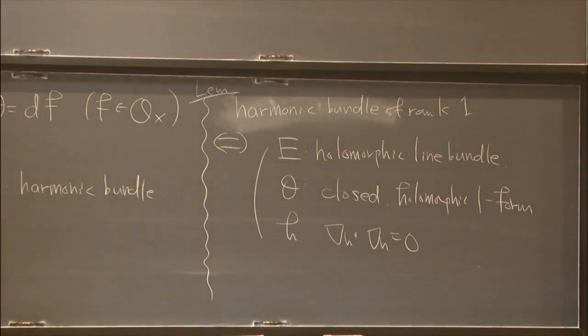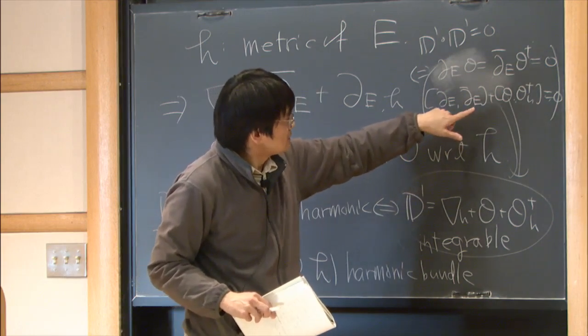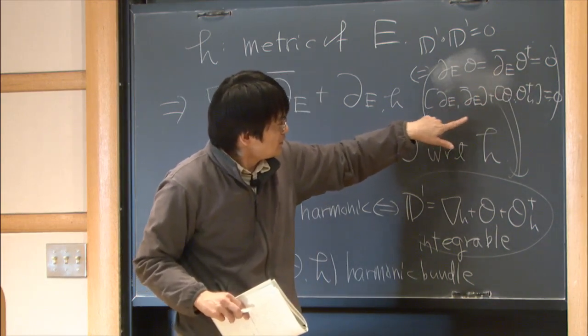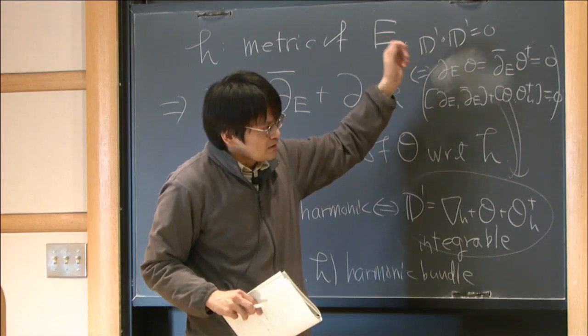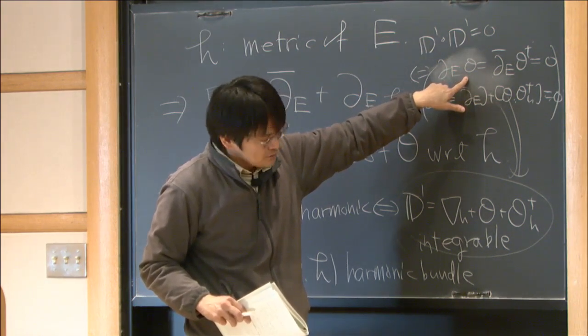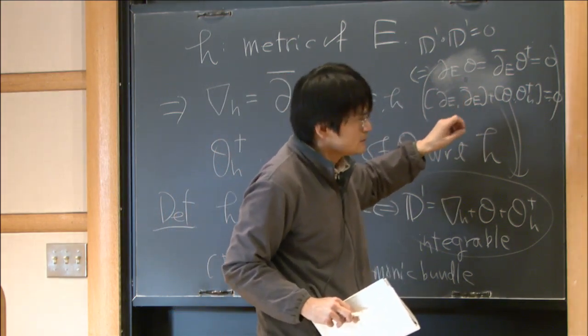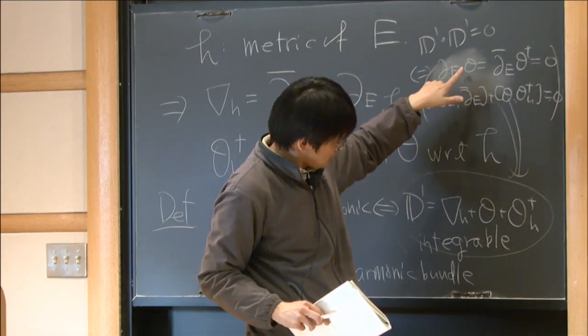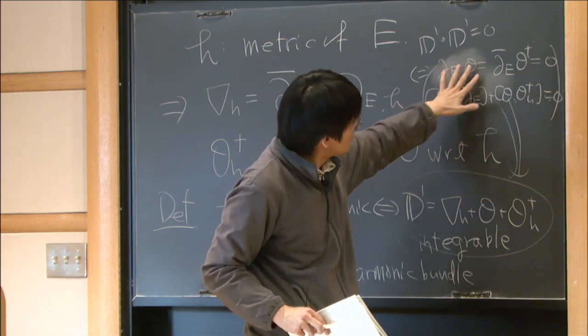So in the rank 1 case, this part is always 0. The commutator of the Higgs field and its adjoint is always 0. So this condition is just that the curvature of the Chern connection is 0. And in the rank 1 case, theta is just a holomorphic one-form, assumed to be holomorphic, so this means theta is a closed form.